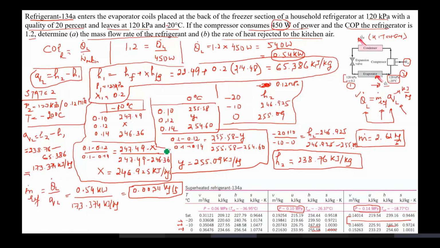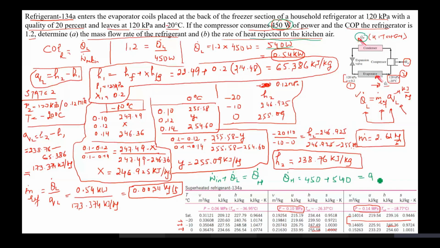Yes, sir. All right. The second part was to find out the heat rejected to the kitchen air, which is Q dot H. And you know that if you apply the energy balance on the refrigerator, work dot in plus Q dot L is essentially equivalent to Q dot H. So your Q dot H would essentially be equal to work dot in, which is 450 watts, plus Q dot L, which is 540 watts.